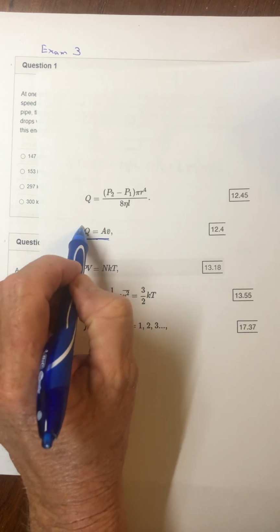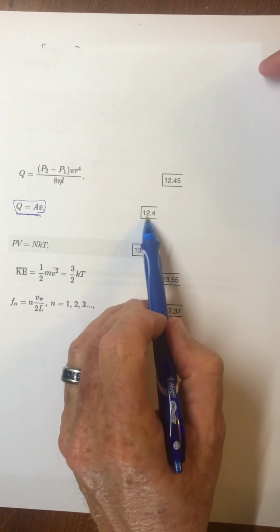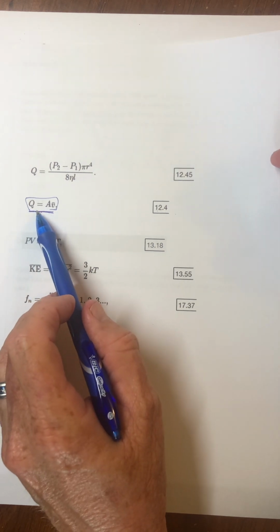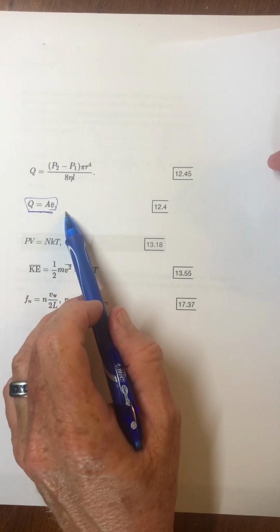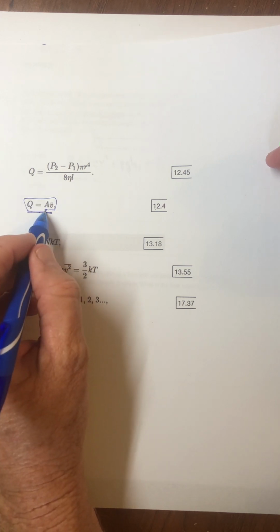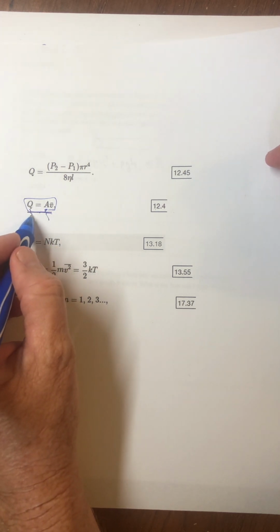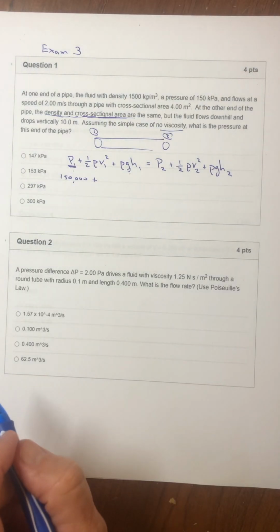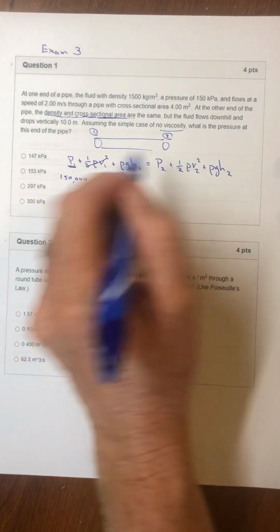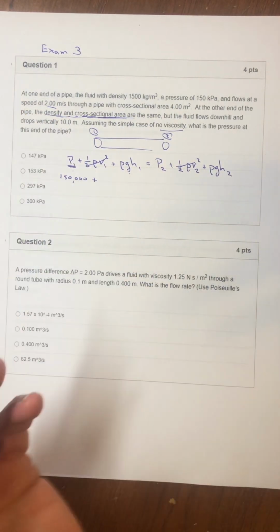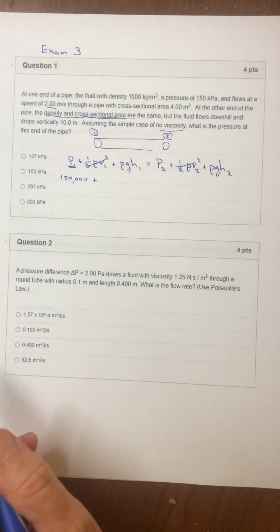And so in the free response, equation 12.4, there is a connection between the flow rate, the area, and the velocity. And so if the area doesn't change and the density doesn't change, that also means the velocity doesn't change. And that's going to make this problem a lot easier, realizing that whatever the speed is at number 1, which they give us, but it's not needed, is the same at number 2.